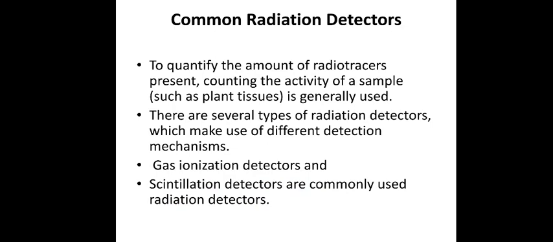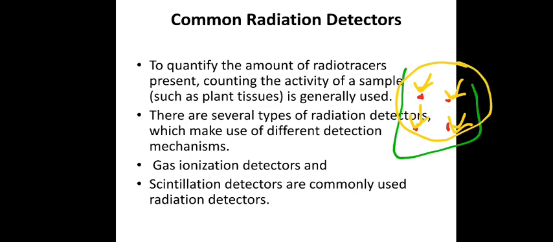In a solution, if there is a chemical of your interest, your radioactive element will go and bind to it. So the amount of this radioactive element present will be proportional to the chemical of your interest. Now you quantify the radioactive element present in the sample, which is equal to the chemical of your interest present in the sample.